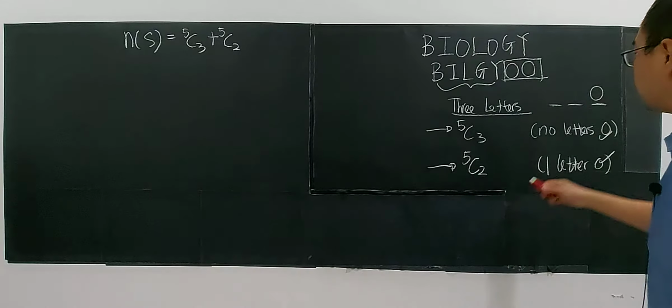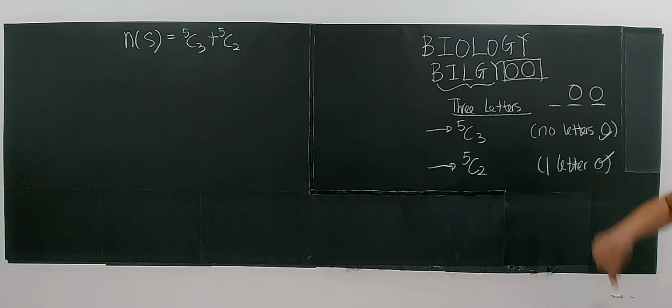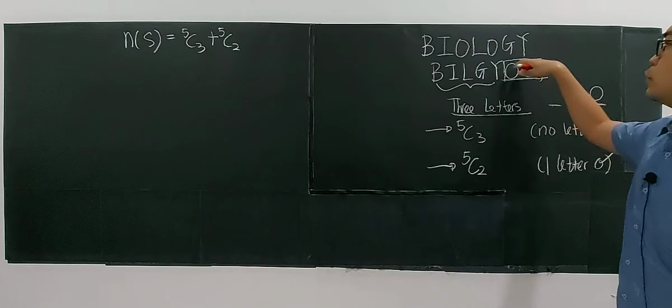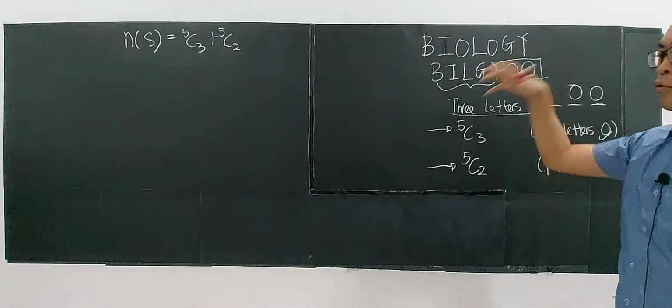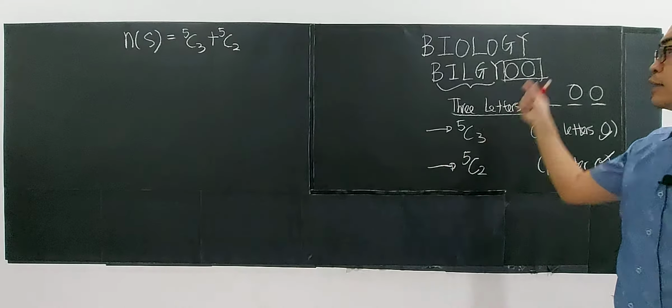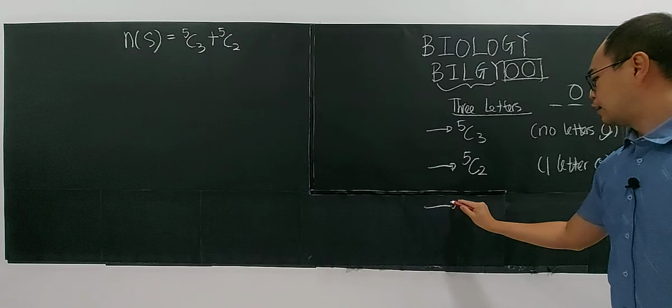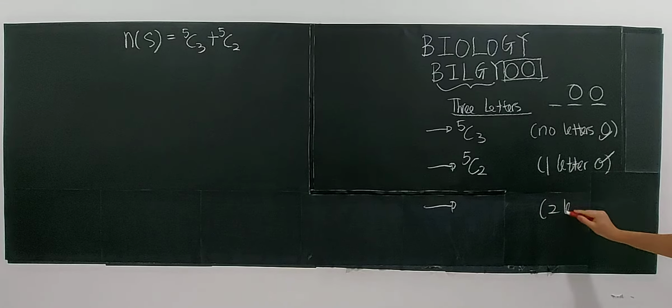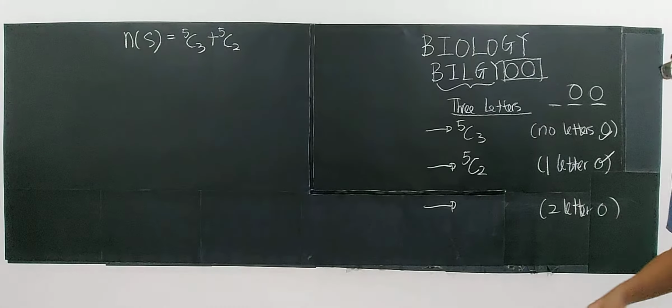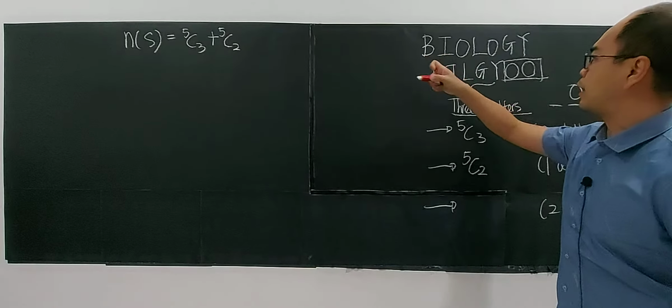Yes. Maybe inside the 3 letters, you have 2 O's. Maximum you have 2 letter O. Why do I just consider O? Why do I never consider L, I, and B?